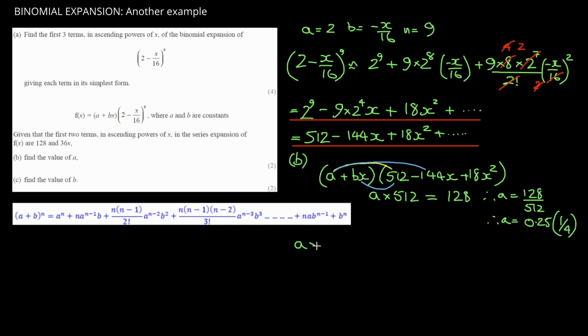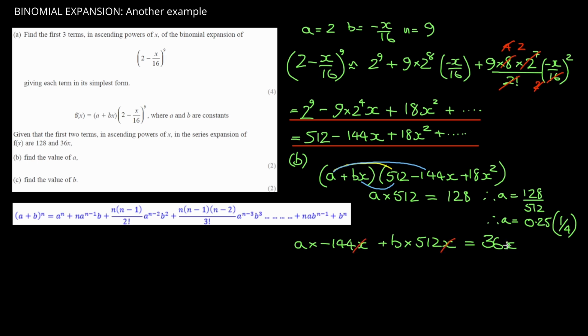So what I can say is that a multiplied by negative 144x, which is the first of our blue lines, plus b multiplied by 512x must equal, as we've been told, 36x.